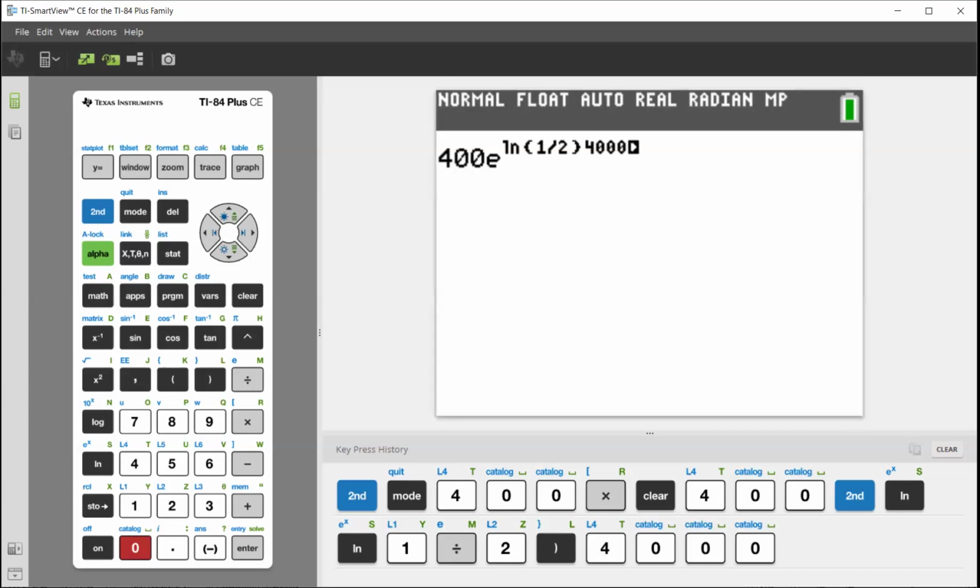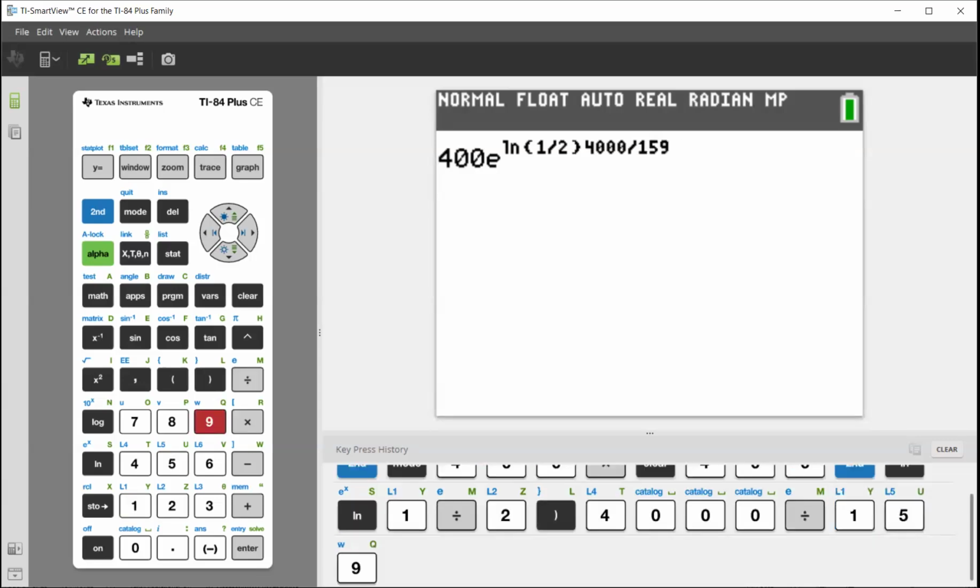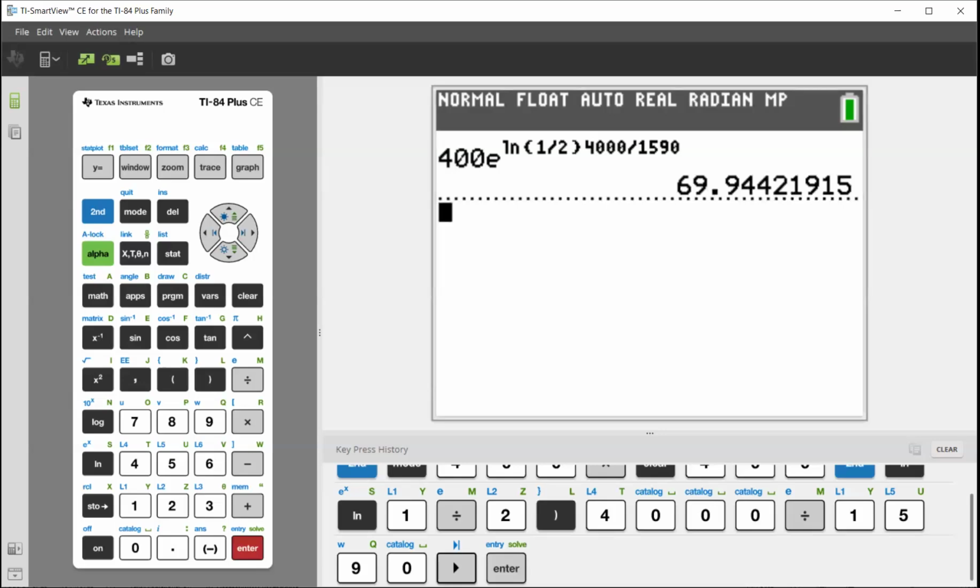Then divided by 1,590, like that. Let's see what we have. After 4,000 years, what is the weight? It's approximately 69 or 70 milligrams.